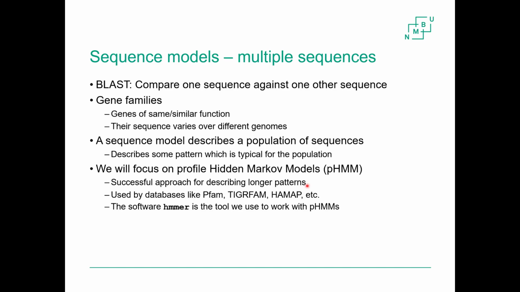We use other ways of doing that because short patterns must also be very conserved. Otherwise, they are hardly patterns at all. But when you have very long patterns, you also have more deviations from that pattern, right? And then this approach here is particularly well suited.